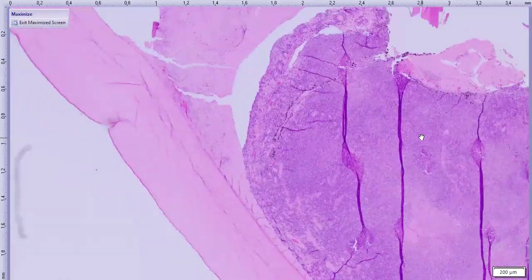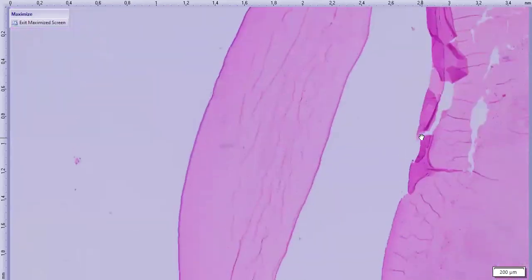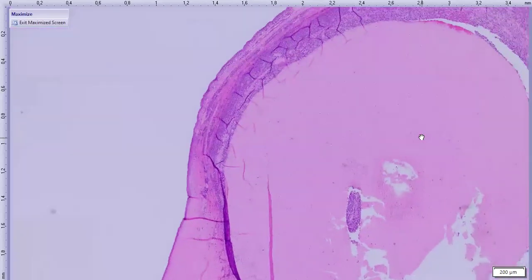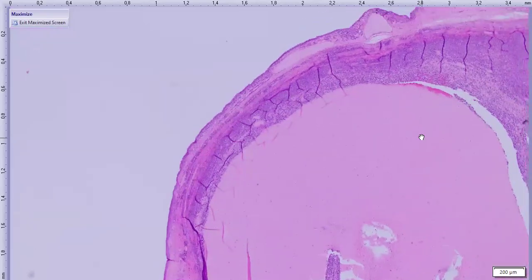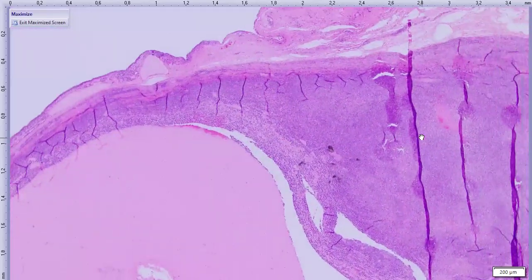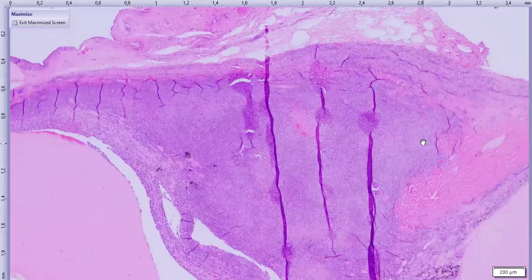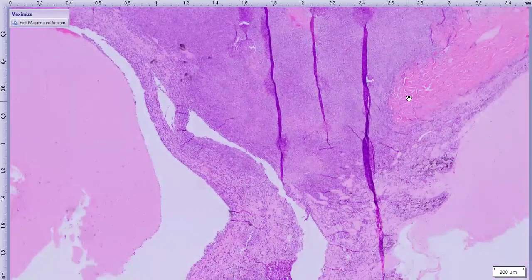Let's take a closer look here. All right. So I've got the cornea on the left, just to be different from Megan. So we can see the hypercellularity here in the anterior uvea.